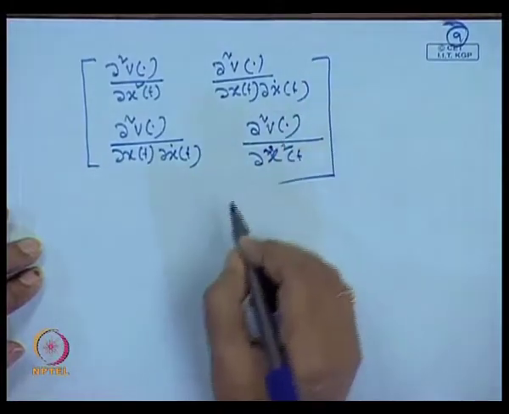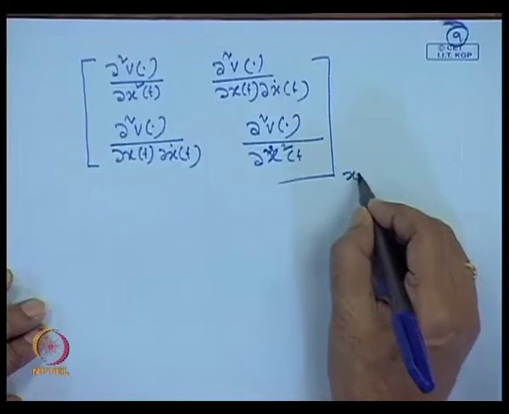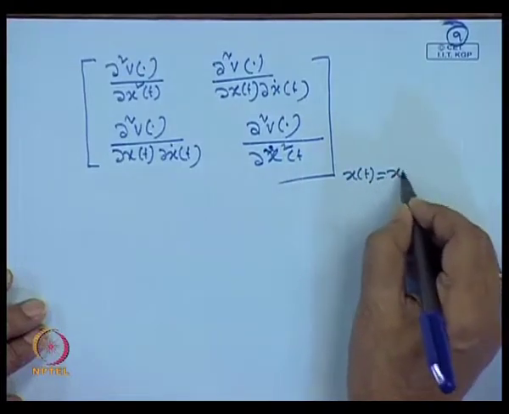This value you find out along the trajectory x of t is equal to x star of t.